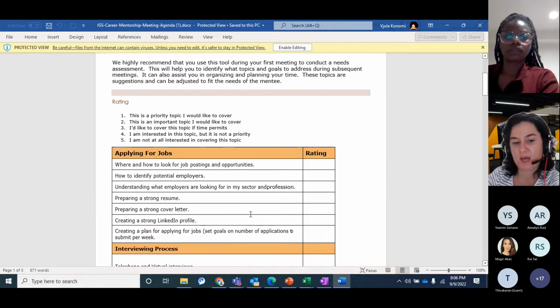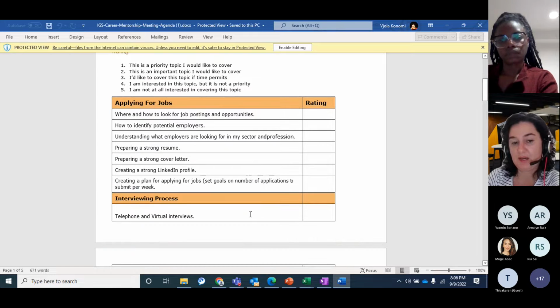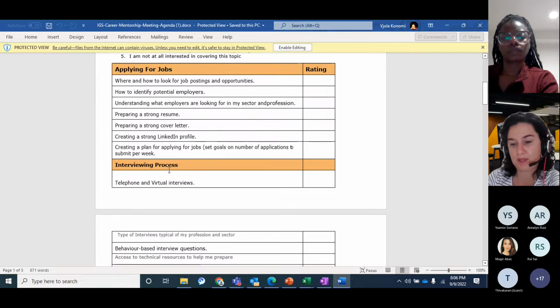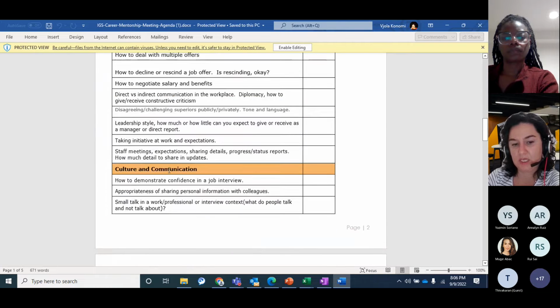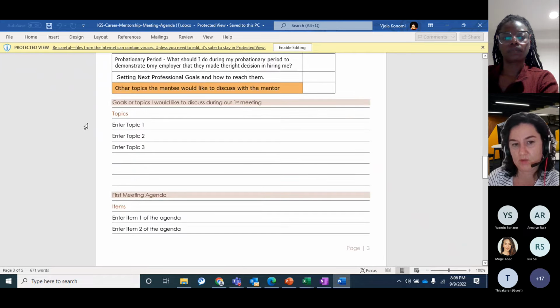These are some of the examples, but if there are any other topics that may not be included in this needs assessment but are very important for you, then feel free to add them to this section here, list them, and send them to your mentor.